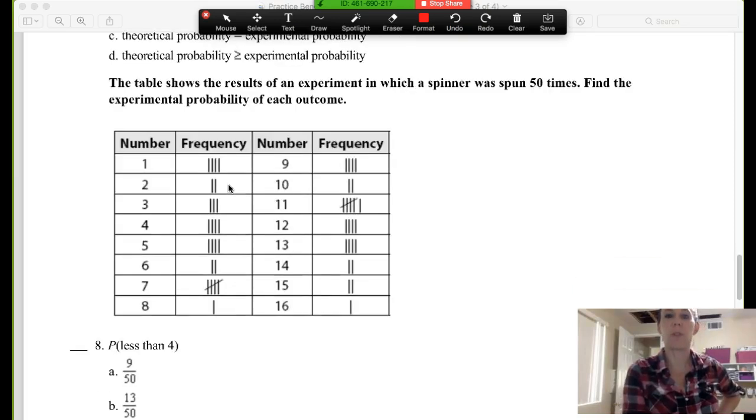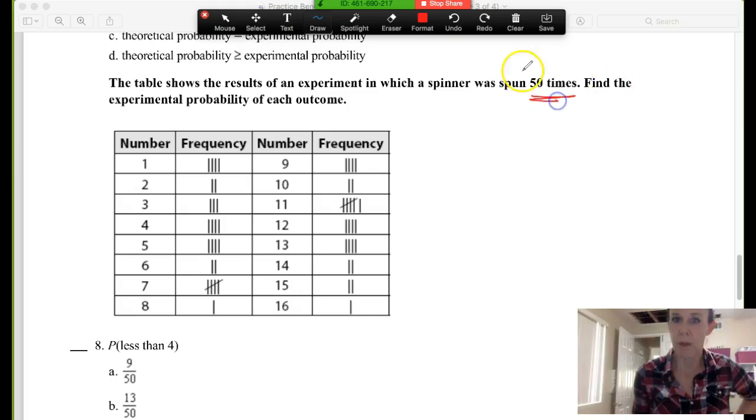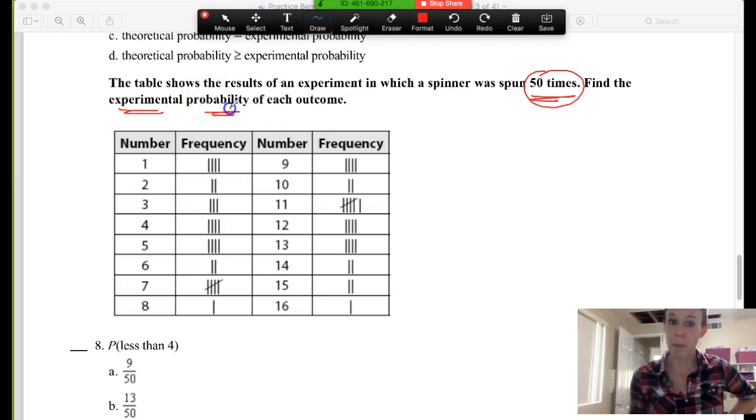Okay, looking at the last one. This table shows the results of an experiment in which the spinner was spun 50 times. So make sure you read that part, otherwise this won't work. Find the experimental probability of each outcome. So you had a spinner 1 through 16, like on that last one. We spun it 50 times. So remember, probability is favorable out of the total.